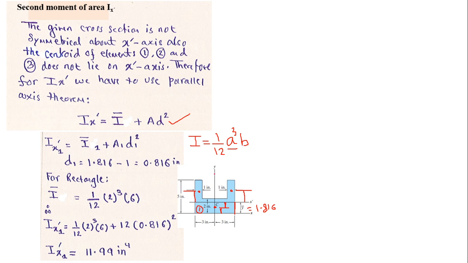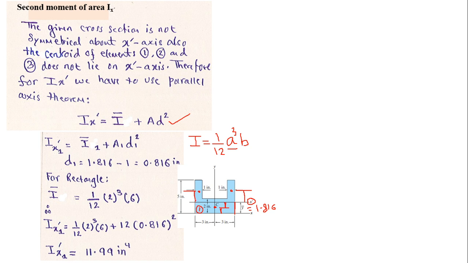The answer is that you are calculating the second moment of area about the horizontal axis, x dash. So the dimension that is perpendicular to this horizontal axis will be cubed. And you see that the dimension that is perpendicular to this x dash axis is 2 inches.